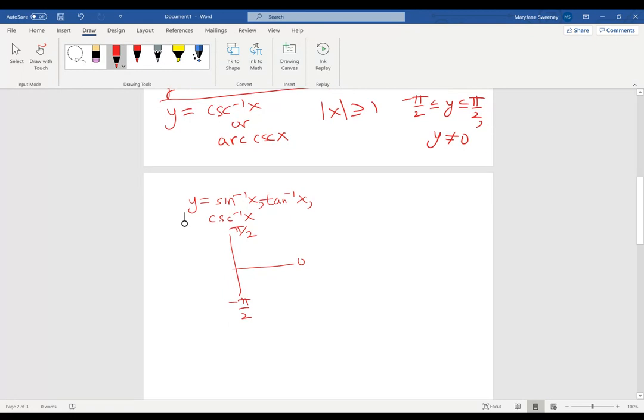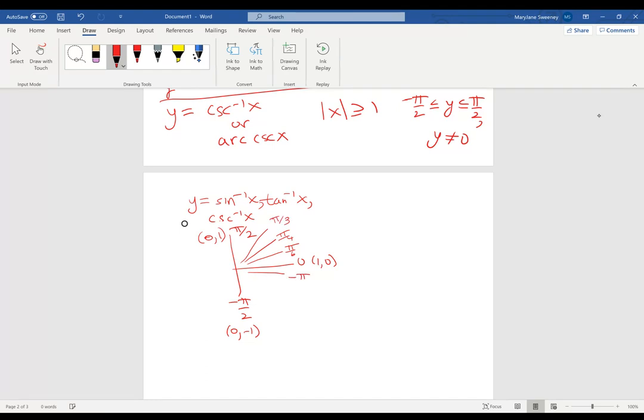If I'm right on the circle, this is 0, negative 1. This is where 1, 0 is. This is 0, 1. If I'm in the quadrants, quadrant 1 is your pi over 6, your pi over 4, your pi over 3.